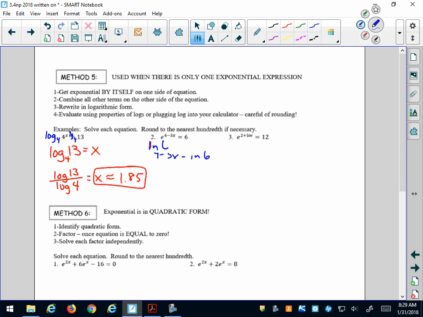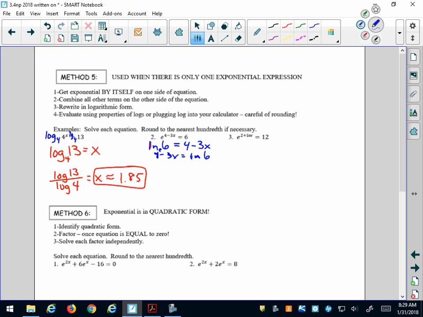So this is ln of 6 equals 4 minus 3x. Right? That's e to the 4 minus 3x equals 6. Well, see what we had here? 4 minus 3x equals ln of 6. It's the same thing. So you can think of it either way. You're rewriting it in logarithmic form, or you're taking the natural log, in this case, both sides.